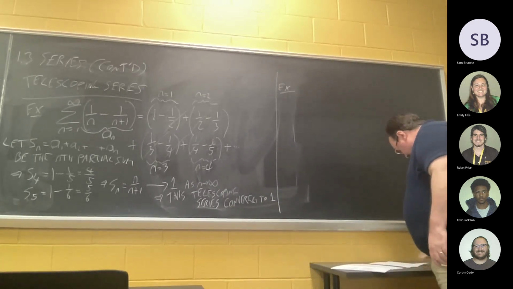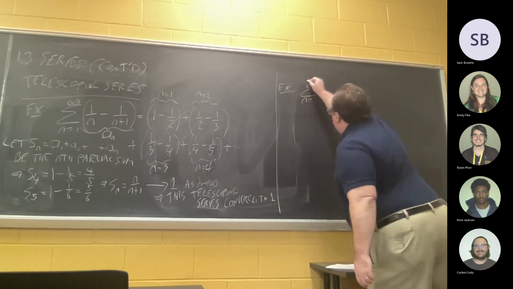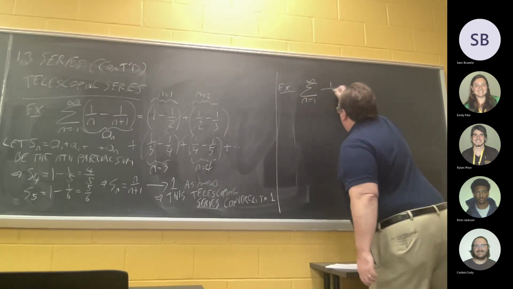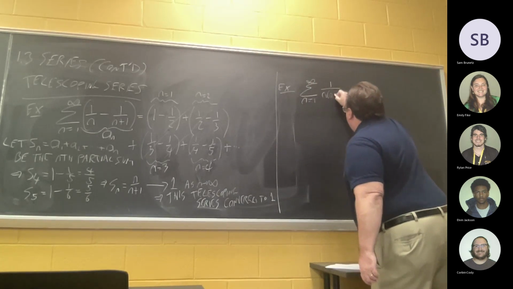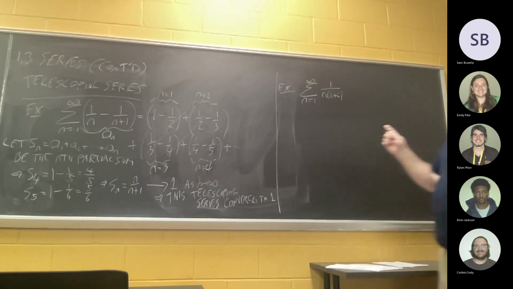We have the sum to infinity of 1/n times n plus 2. Now, for this one, it doesn't have the same appearance as the first one in terms of telescopic series where you have a lot of cancellation.